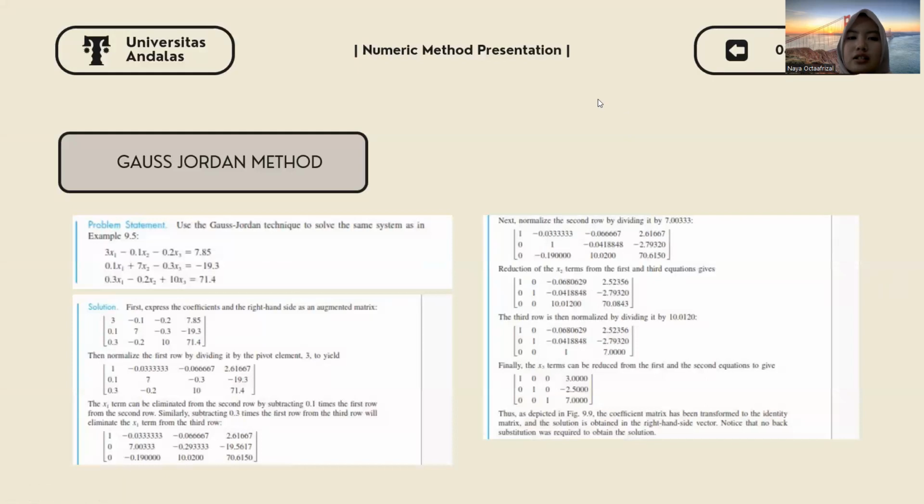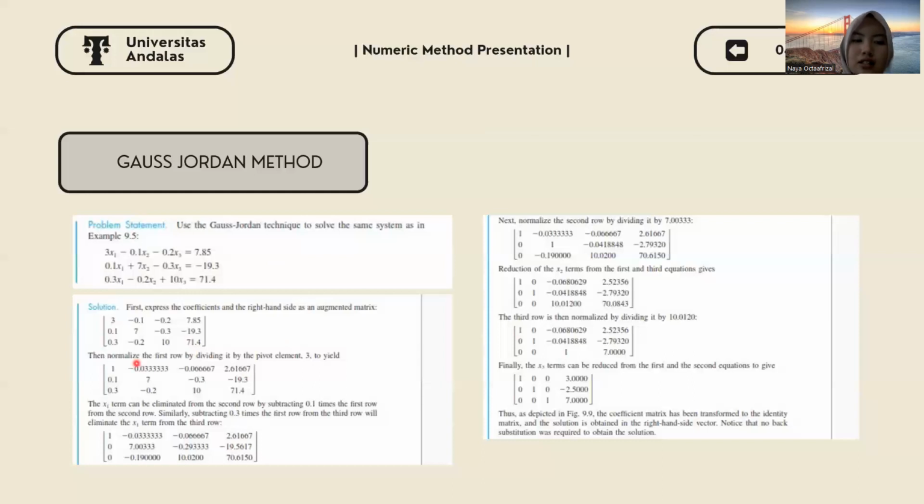After that, the third method is the Gauss-Jordan method. From this equation, we still use the same equations from the Gauss elimination method, but first you have to put them into the matrix with x1, x2, x3, and the result.